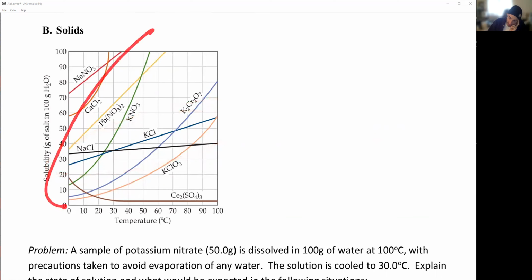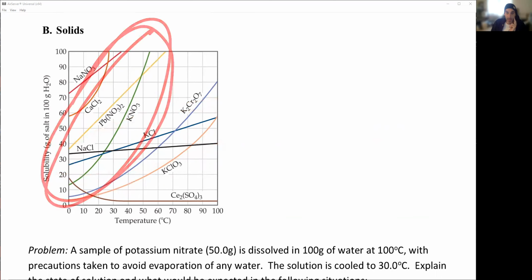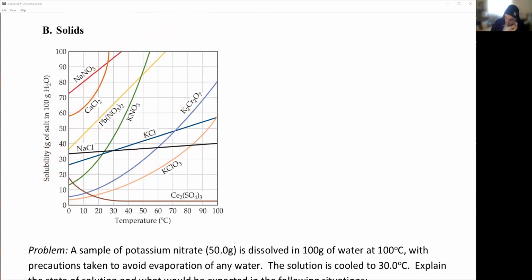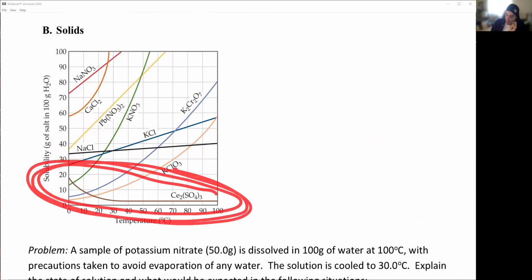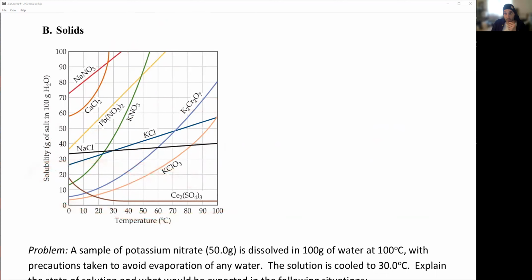Some trends happen to be exponential in nature. In fact, some cerium and barium compounds typically do this, but some actually decrease with increasing temperature, right? Temperature is increasing and we actually see a decrease in the solubility of cerium sulfate, which is a really weird thing because you typically think, oh, increase the temperature, we're increasing the solubility. And that's not always true.